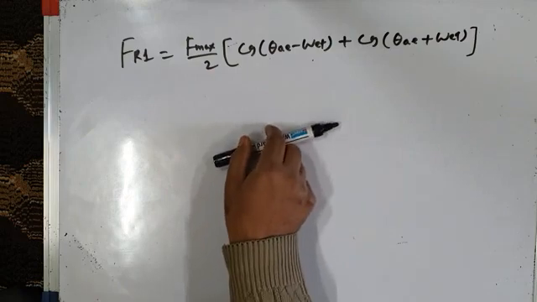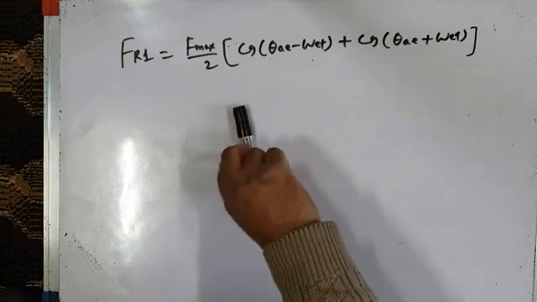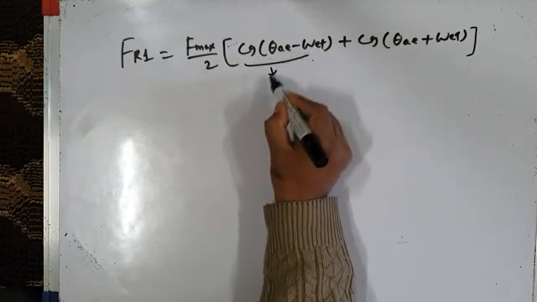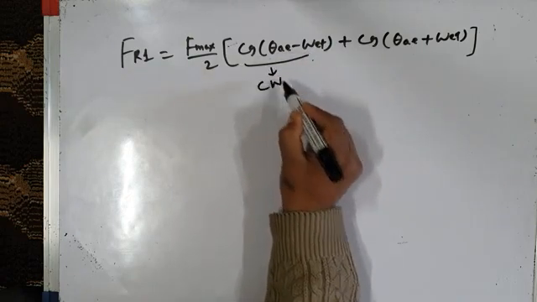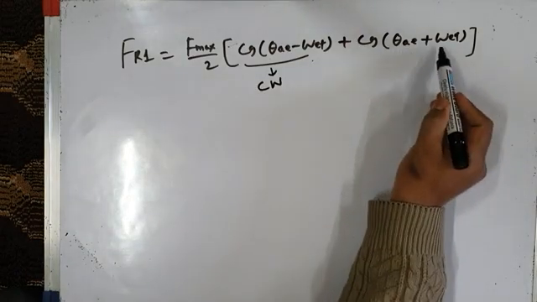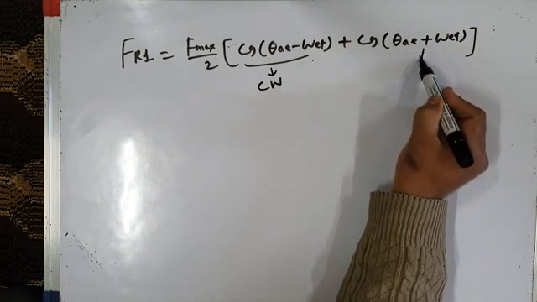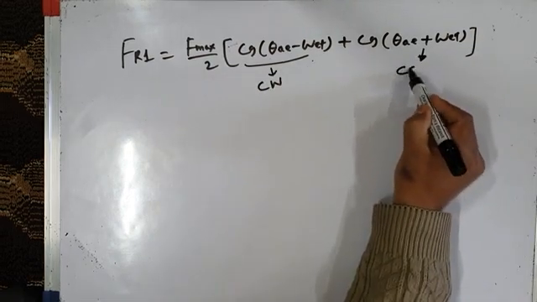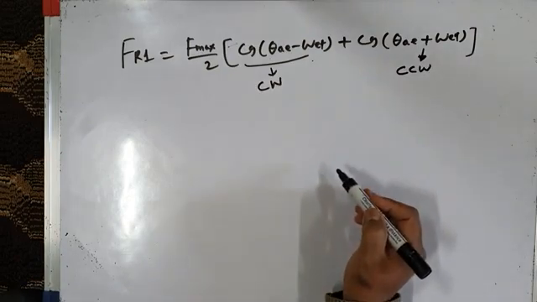So this component of MMF represents an MMF which is revolving in clockwise direction. And here it is theta E plus omega ET. So this is another revolving component of the pulsating magnetic field which revolves in counterclockwise direction.